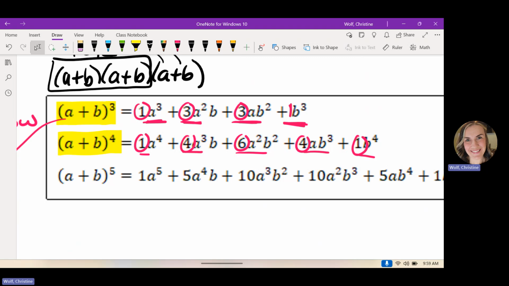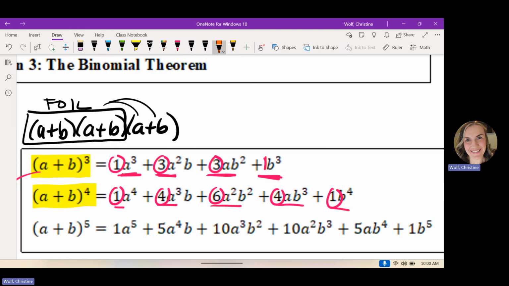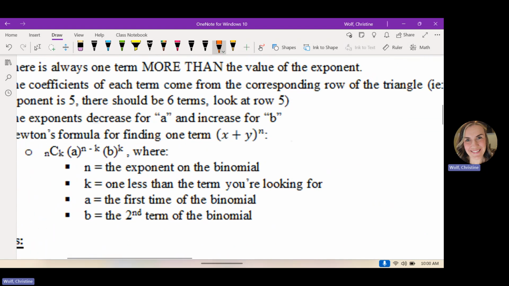If the exponent is 27, you would have 28 terms once you expand it. Think about something you've done a million times: if you were to boil that out, how many terms would you get? A trinomial, 3 terms. So it's always 1 more than the exponent. Got it? That's the first little nugget.